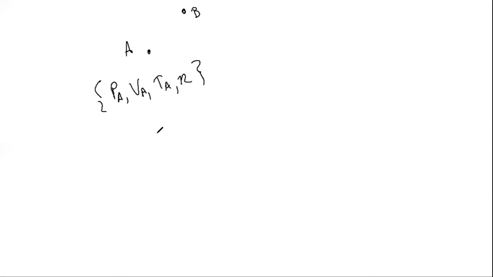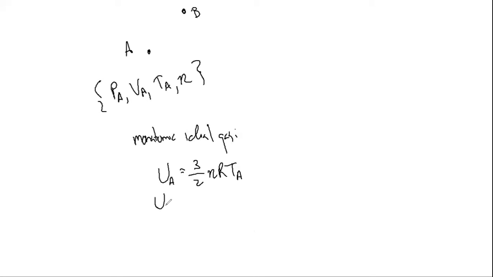So monatomic ideal gas means that the internal energy at point A, but it could be any point, is 3/2 nRTA. So at every single point, I know the internal energy. Likewise, I know that UB is 3/2 nRTB.